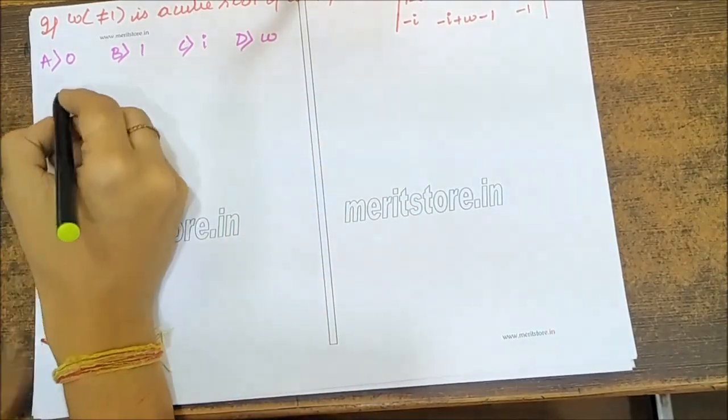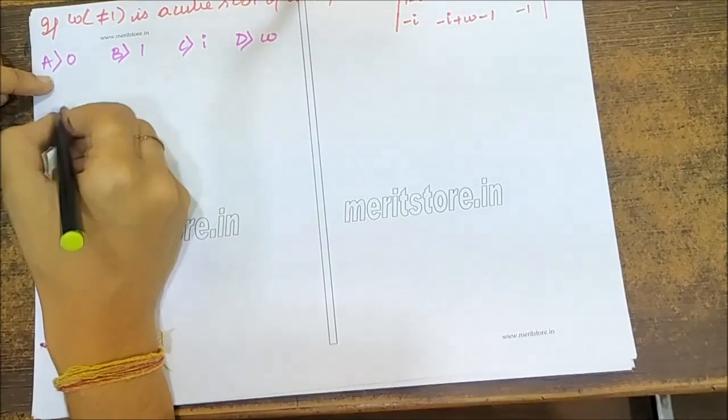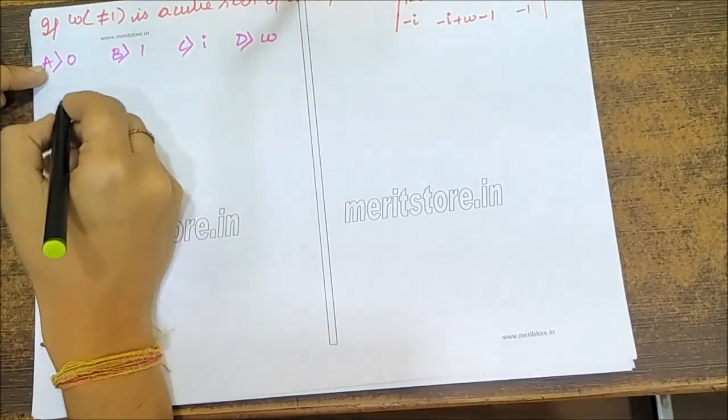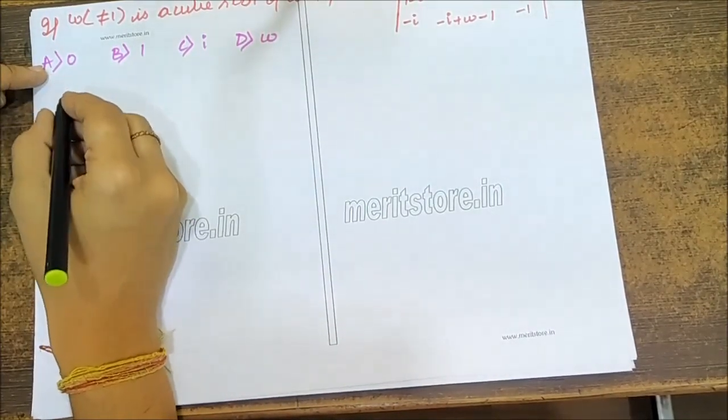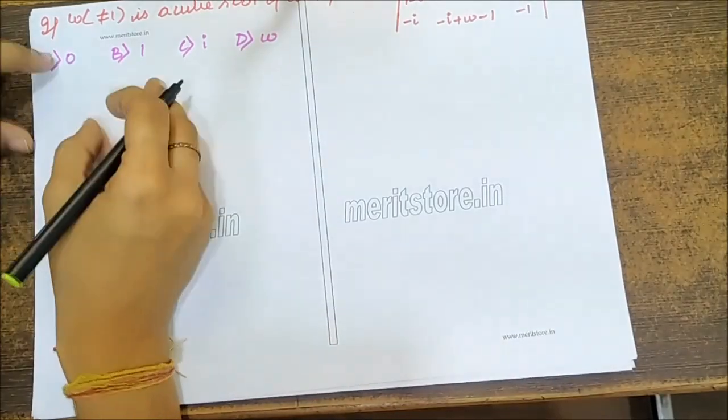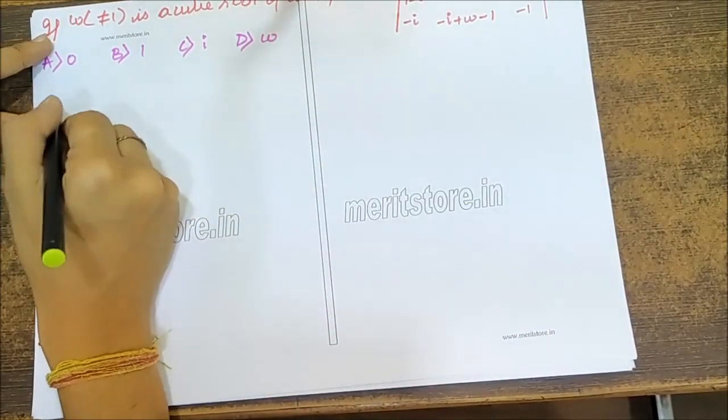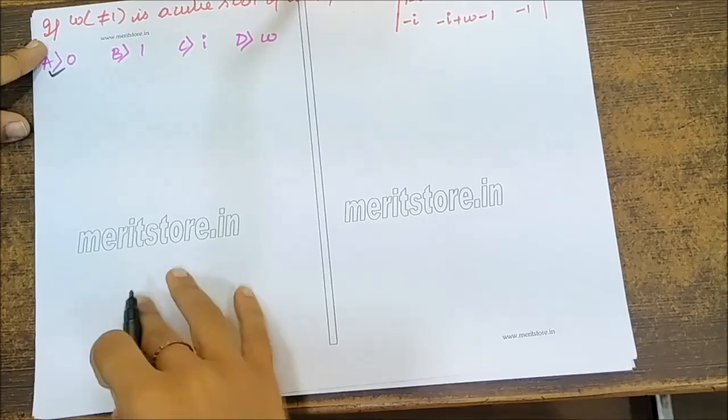Now as this is given in the determinant, when you solve this it will be equal to 0 when you expand this determinant. Okay, so your answer is A, 0.